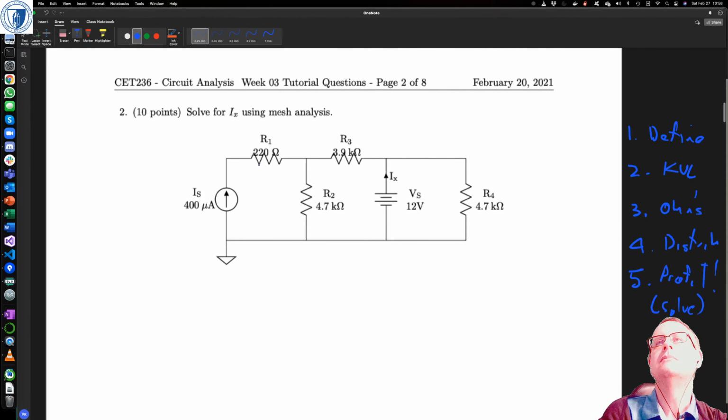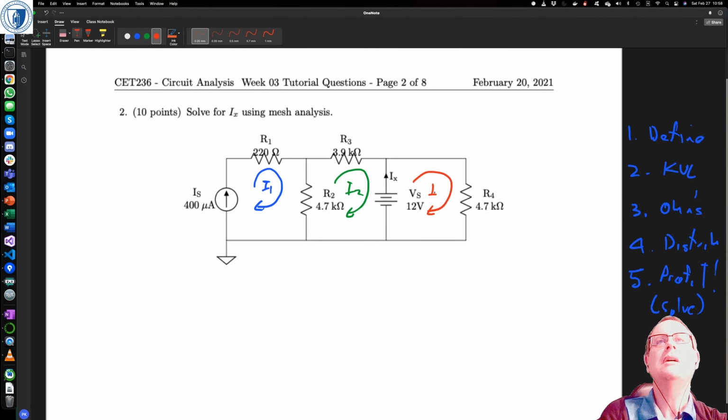If you go in a right side direction, like that. So that's I1. Yep. Okay. What about I2? In this I take the same direction. Okay. And third is also the same. Okay. Sounds good.